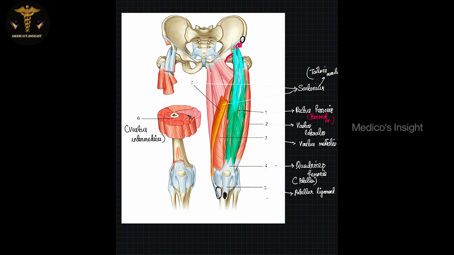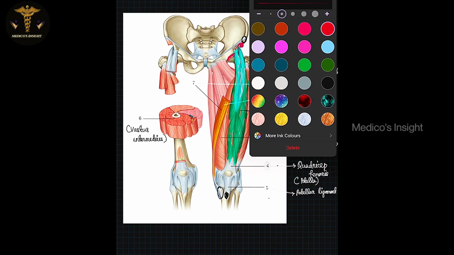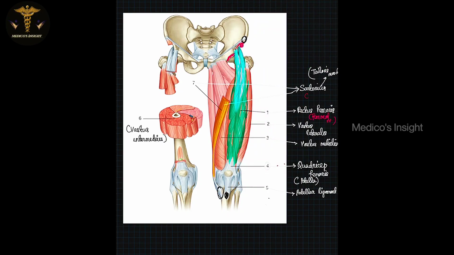Okay, let's next go to the sartorius muscle, which is also supplied by femoral nerve. As you all know, femoral nerve is the largest branch of lumbar plexus, L2, L3, L4.